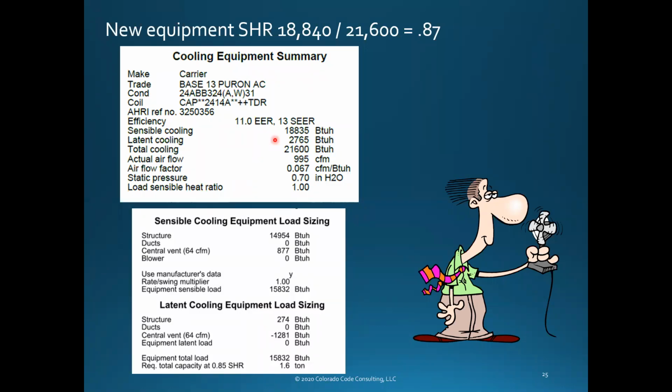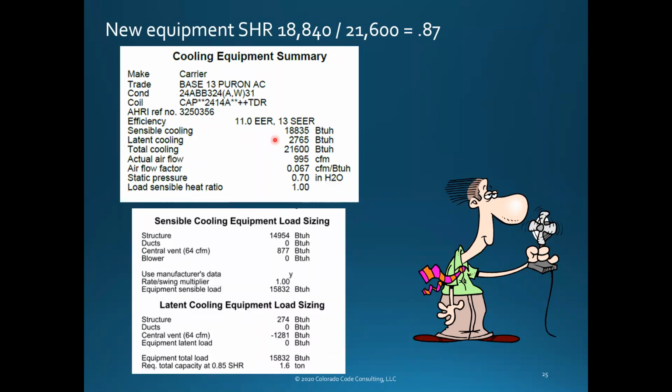And they have a heck of a time trying to find a small enough unit for that second floor than if you just have a single system. There's plenty of times when the calculated load for those second floor areas might not even be a ton of air conditioning, not even a ton. And many times, the smallest unit many manufacturers have is 1.5 tons.